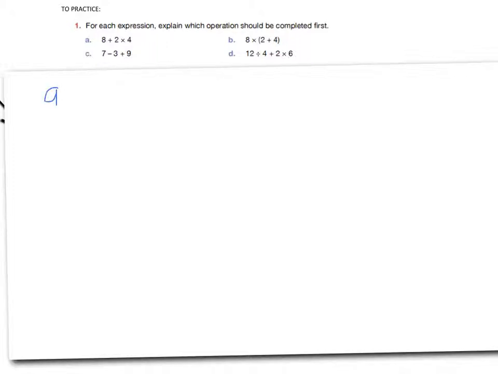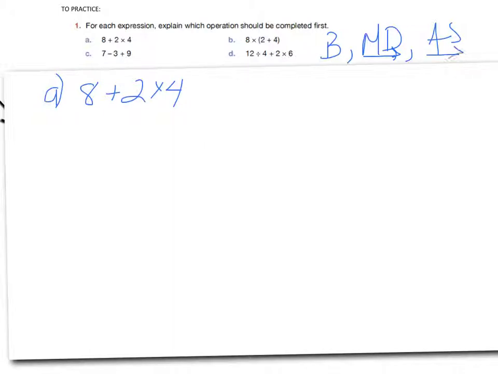So for A, we have 8 plus 2 times 4. I know I have to do my brackets first, then my multiplying and dividing left to right, then my adding and subtracting also left to right. So what do I have to do first?